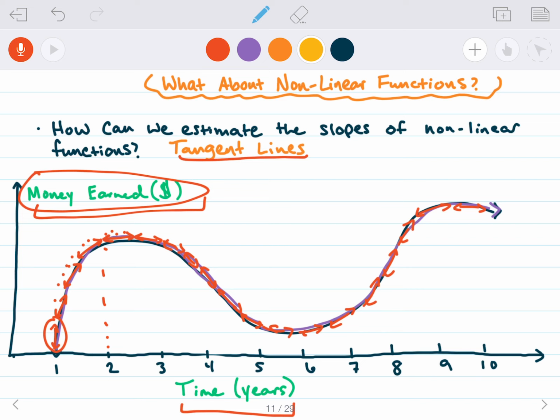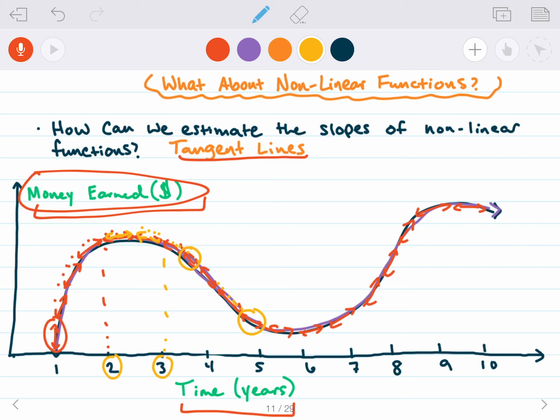Then we move from year 2 to year 3. And maybe this wasn't a great year for the business. I'm just speaking about a hypothetical business. Because we start moving down, which means the money that we're earning is decreasing. The rate at which it's decreasing is smoothing out, though, because the slope here is fairly negative, whereas the slope right here is still negative, but not as negative.